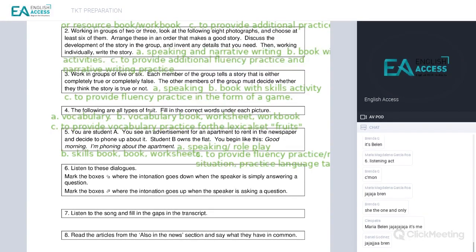Oh my gosh, and number 6, 6A. Is your middle name Cleopatra? What type of supplementary material is activity number 6?